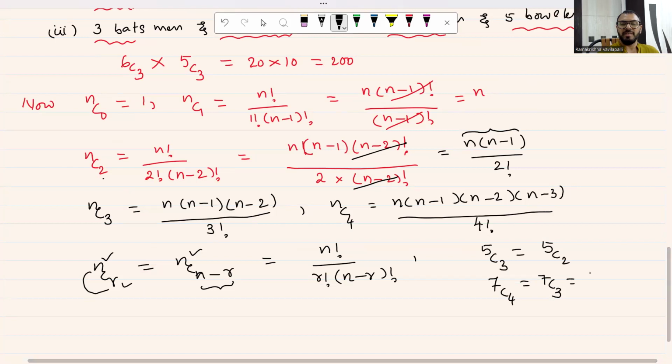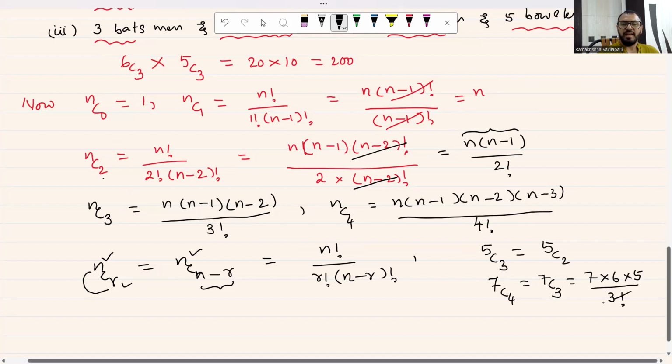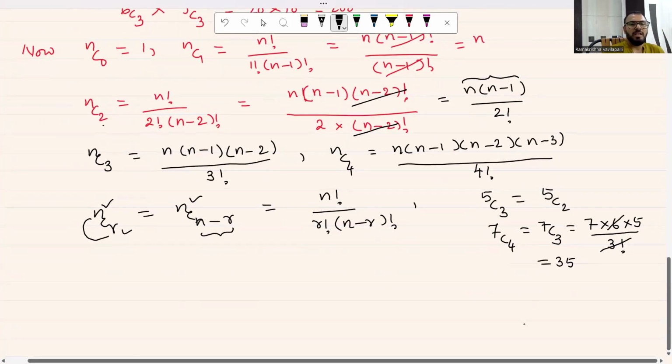So 7C3 means 7 into 6 into 5 whole by 3 factorial. 3 factorial is nothing but 6, cancel. So we can write directly, it is 35. So nCr equal to nC(n minus r). Both are same.